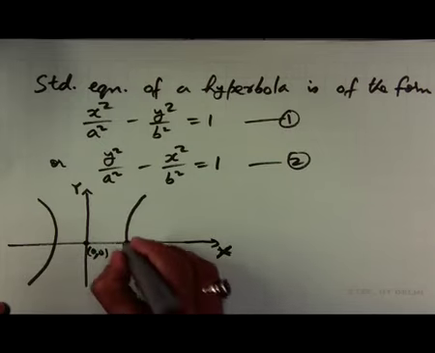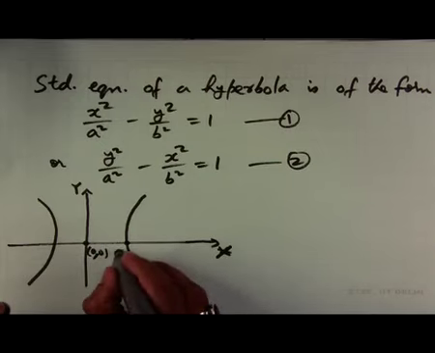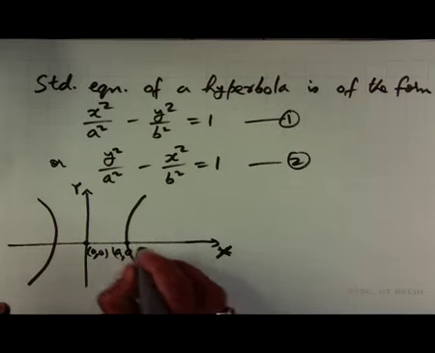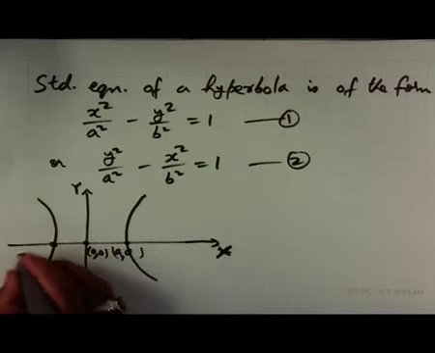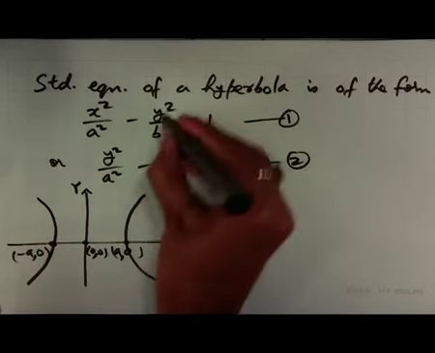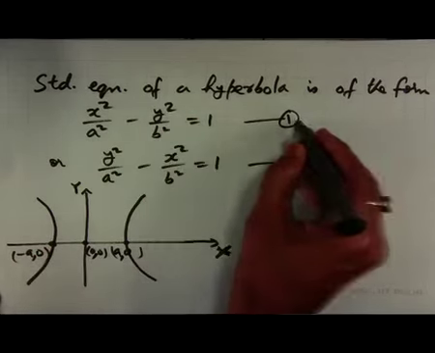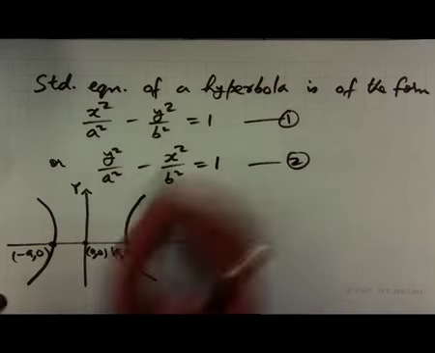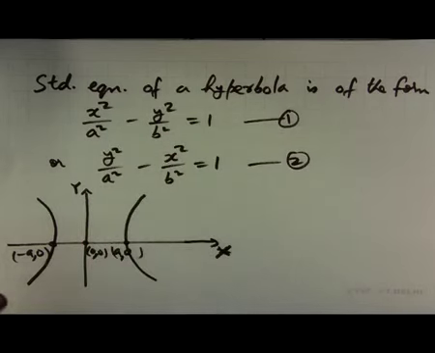The vertices of the hyperbola are at the points a comma 0 and minus a comma 0. This is obtained by putting y equal to 0 in equation 1, we get x square is a square. So, x is plus minus a.